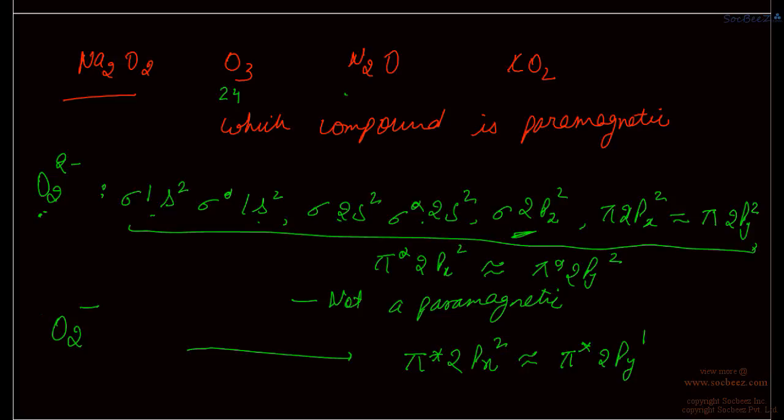Therefore we can see that in one orbital there is one unpaired electron, and hence it is paramagnetic. Therefore remember, in case of oxygen, O2 positive is paramagnetic, O2 is paramagnetic, and O2 negative is also paramagnetic. So this question was asked in IIT JEE 2007.